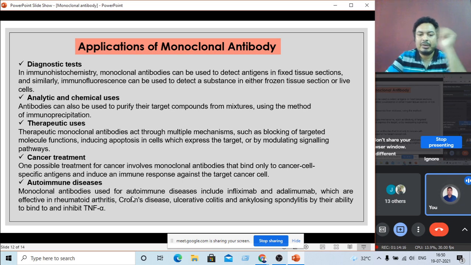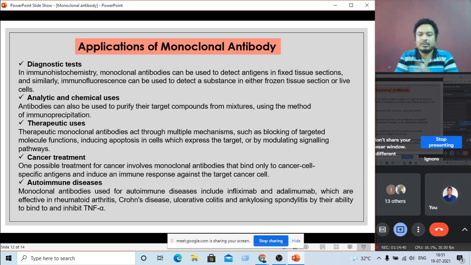Monoclonal antibodies are like infliximab and adalimumab. So these two are monoclonal antibodies. They can be used for rheumatoid arthritis and Crohn's disease. Okay, so these are the applications of the monoclonal antibody. So these are the 5 different types of applications of the monoclonal antibodies.